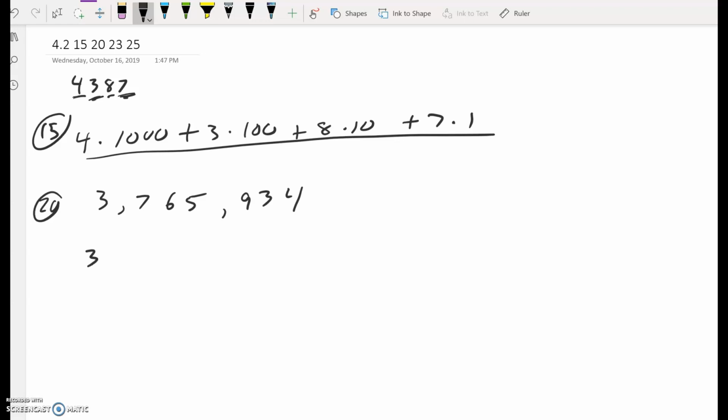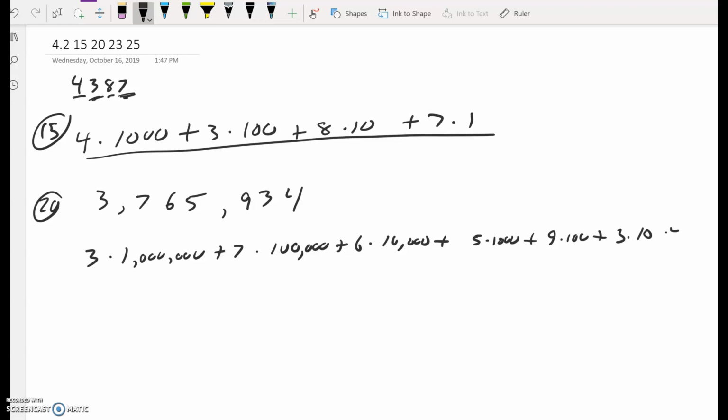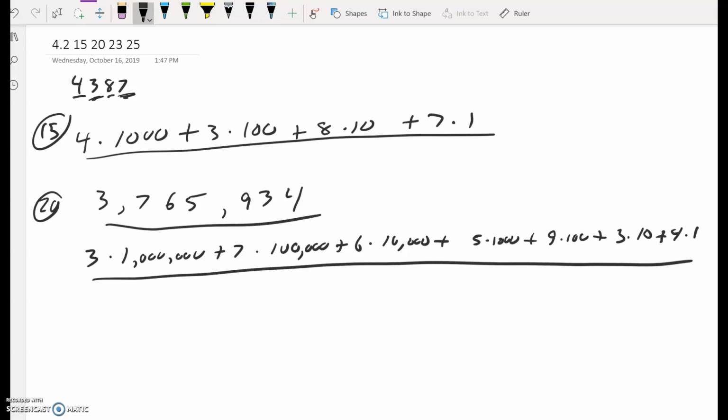And so I'm going to put 3 times 1,000,000 plus 7 times 100,000 plus 6 times 10,000 plus 5 times 1,000 plus 9 times 100 plus 3 times 10 plus 4 times 1. This is the expanded notation for this number.